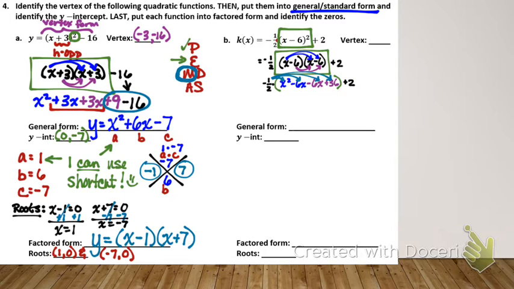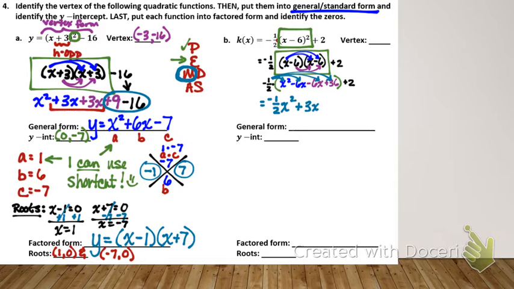When I multiply x squared by negative 1/2, I get negative 1/2 x squared. Negative 1/2 times negative 6. Well, negative times a negative gives me what? Positive. What's half of 6? 3. So this would be plus 3x.